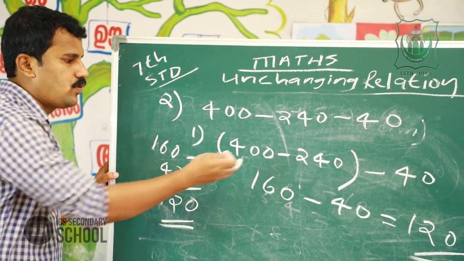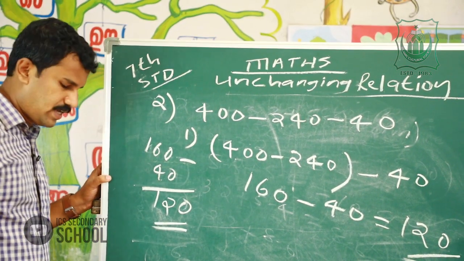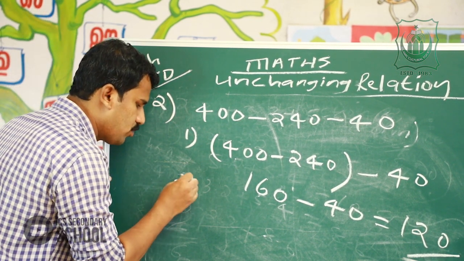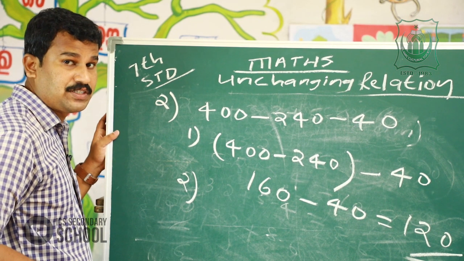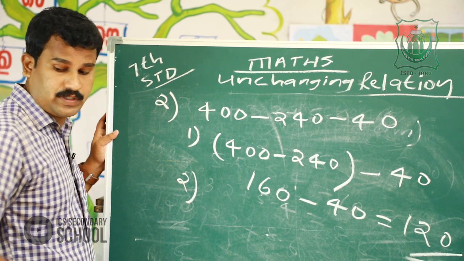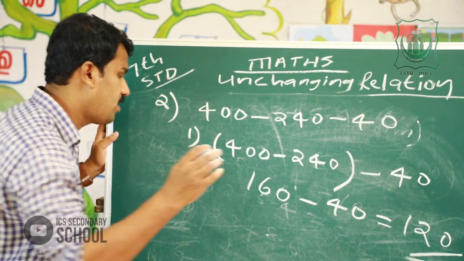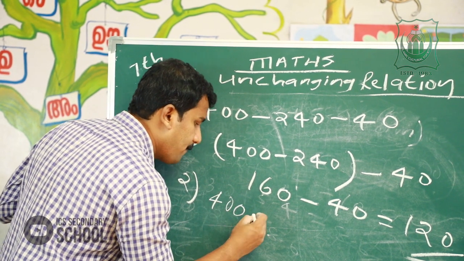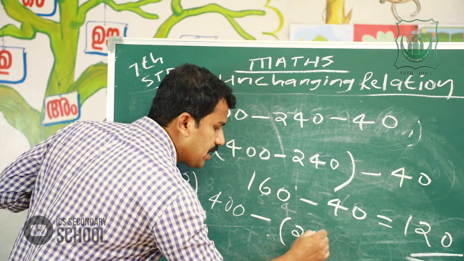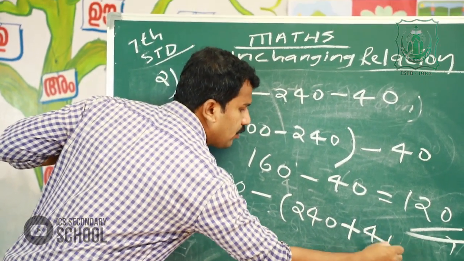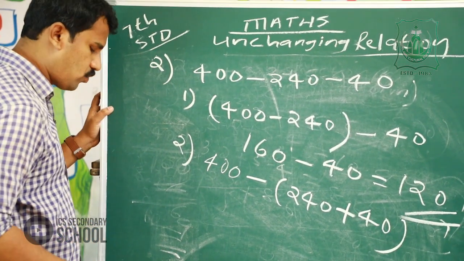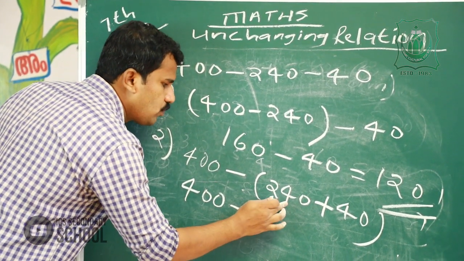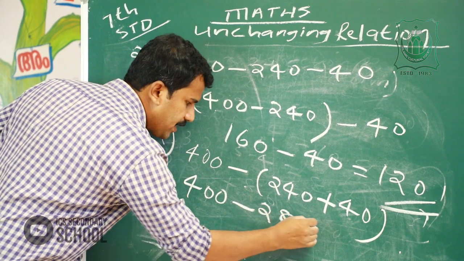First method you can do this way. Then the second method for subtraction. How can we solve subtraction in the second method? 400 minus (240 plus 40). 240 plus 40 is 280.